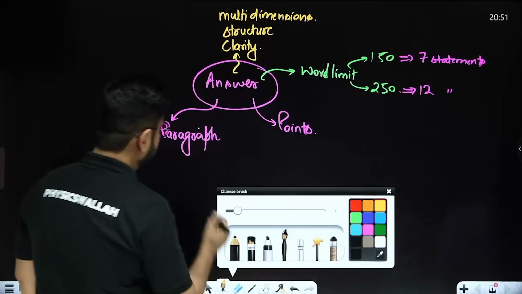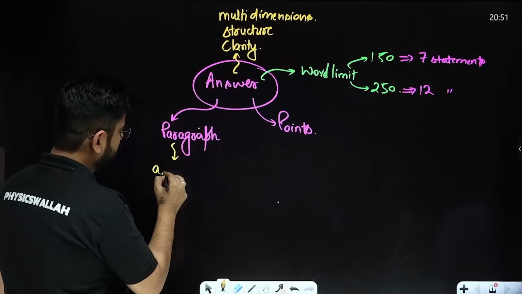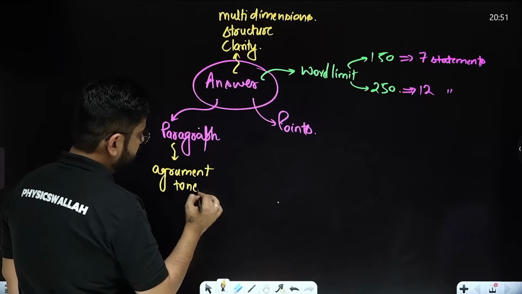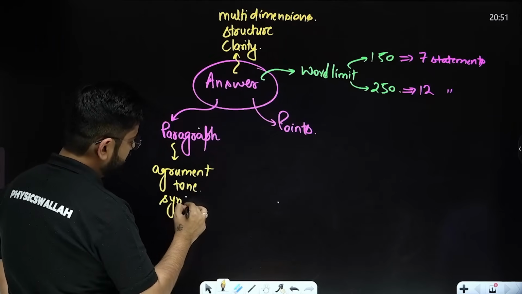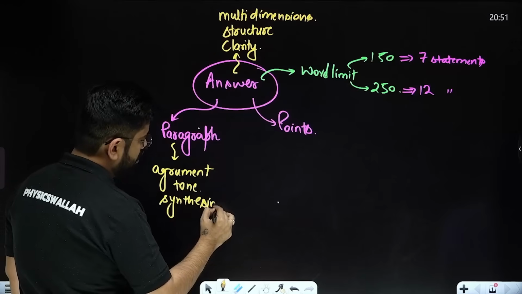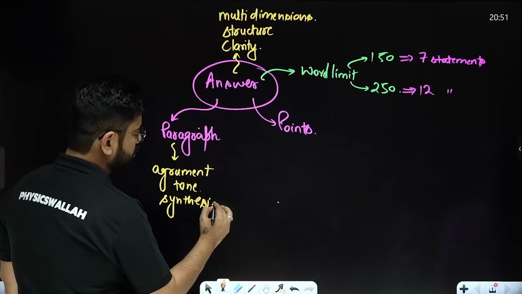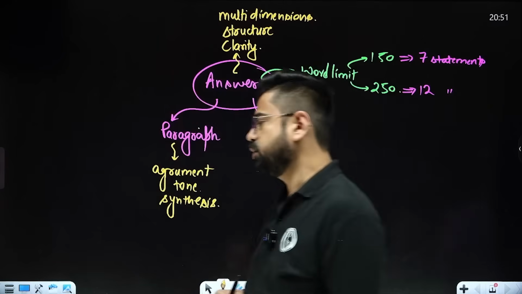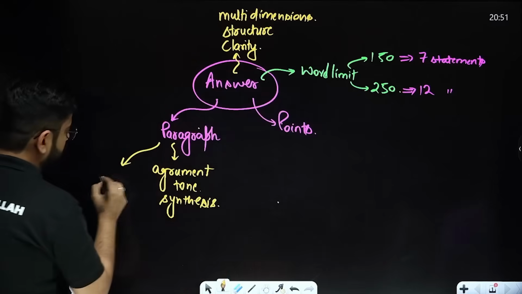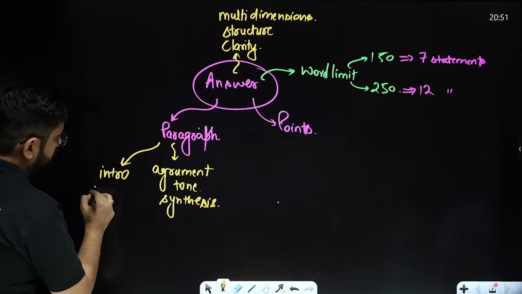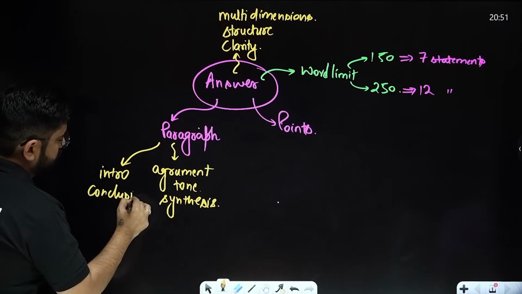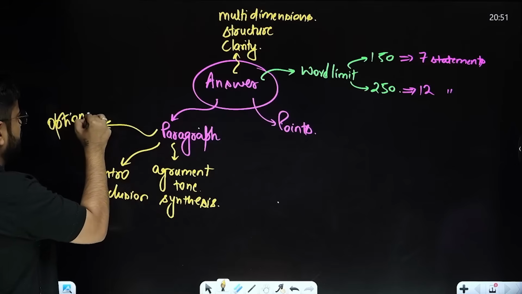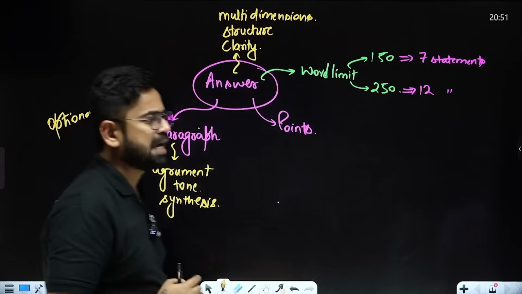For example, let's say you have to provide some argument, you have to establish a tone in the answer, you are basically giving some synthesis. In that case, it is fine to use paragraph. Or let's say you are writing the introduction and conclusion, or in optionals, where you have a lot of words and you want to establish something.